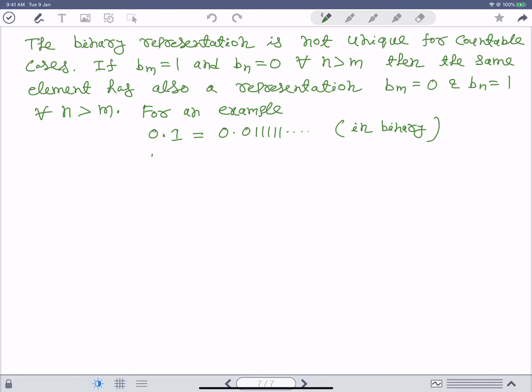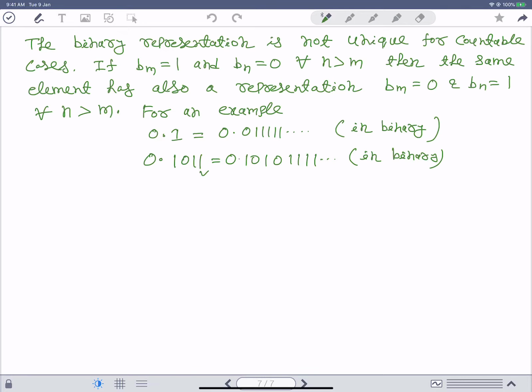Now similarly, suppose you have a number 0.101. Now it stops here, right? So in that position we can put 0, and in the remaining positions we can put just 1111 in this way. That means whenever you have a representation which stops somewhere, we can make it infinite.